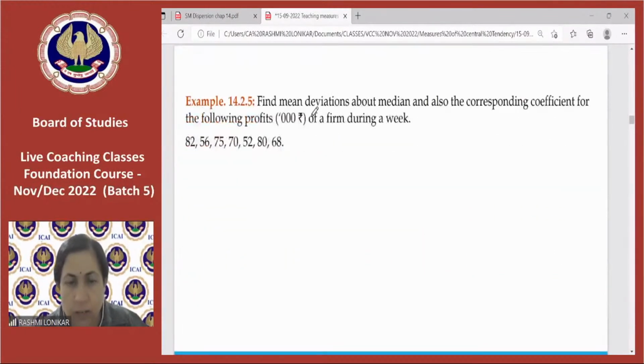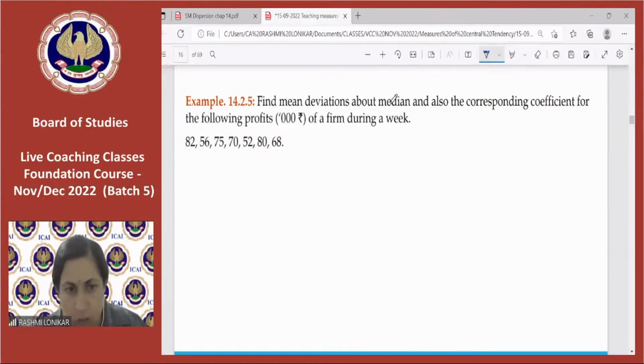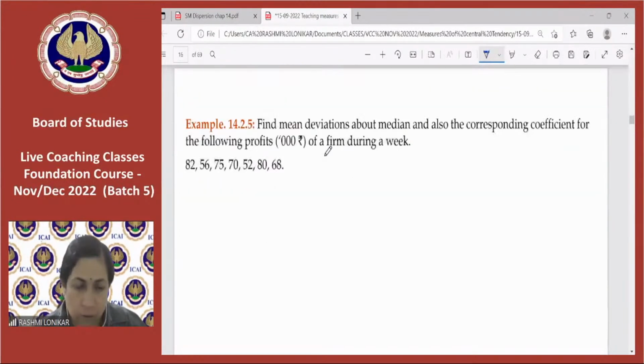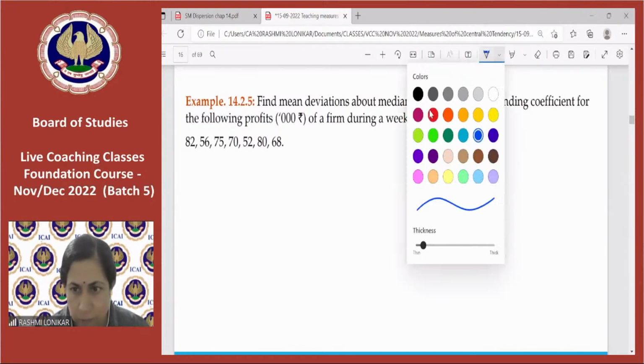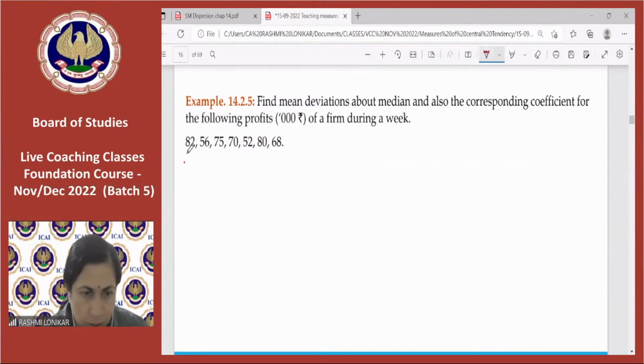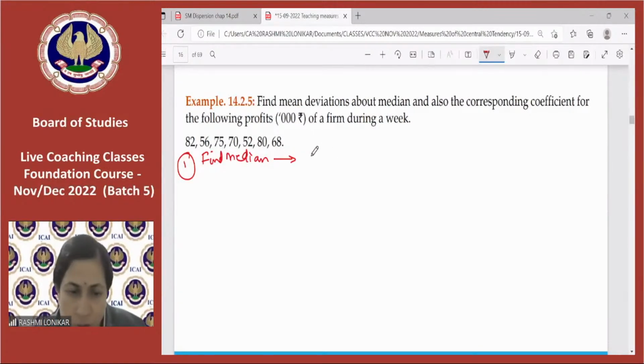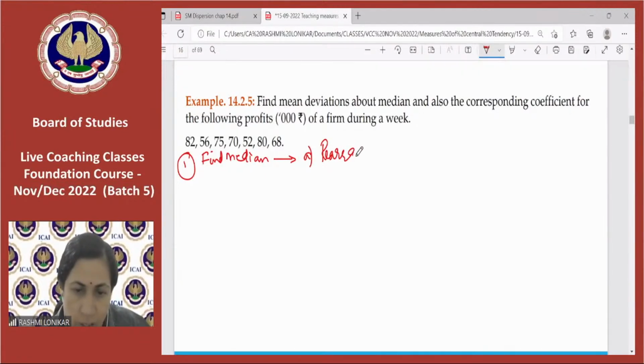Now let us find out mean deviation about the median. Same thing. What are the steps? First, find the median. Whenever we have median, always remember: first arrange, then find. So the first step is to rearrange in ascending or descending order.